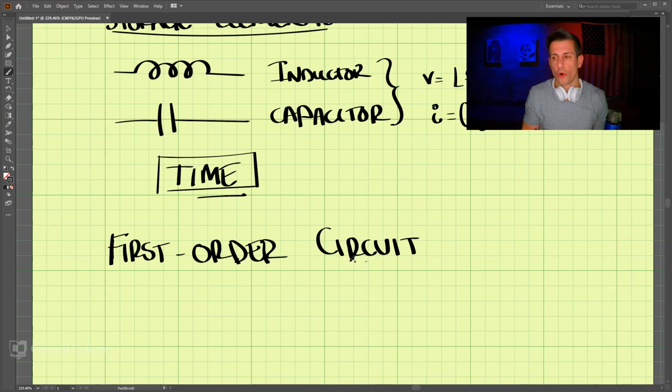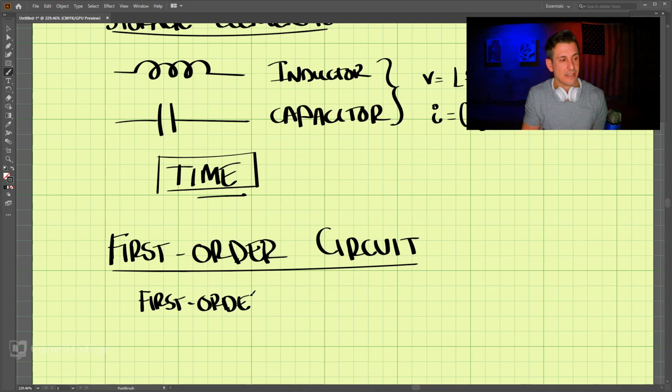And this first order circuit is called this because it has a first order differential equation.